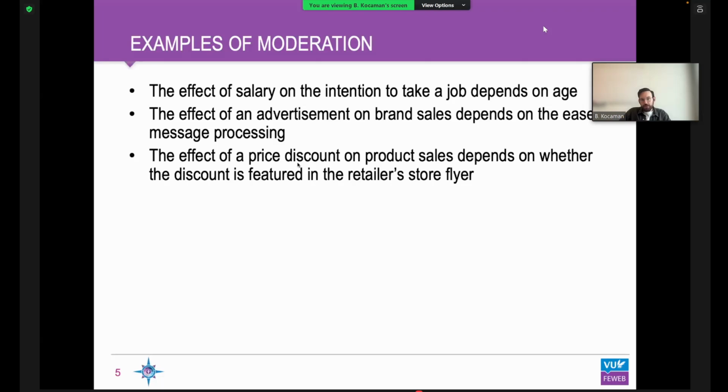But it might be that they are not actually aware of this discount. And if this price discount is featured in the store flyer, then it might be more likely that more people are informed about this discount, which means more sales, probably. So if you feature a discount in the flyer or not might actually change the relationship between price discount and product sales.